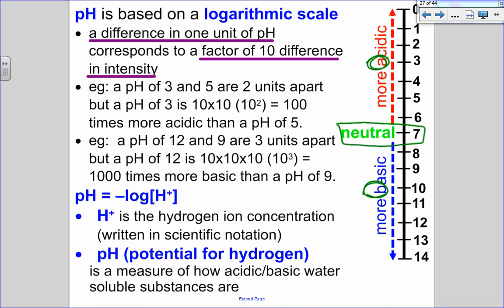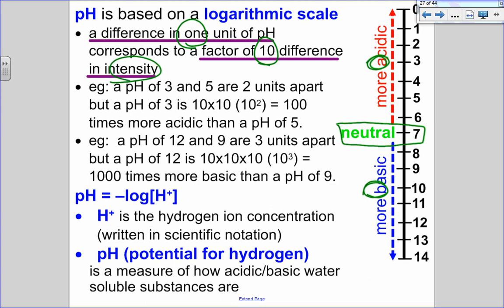So the reason that I write my scale like this is to show you that as I increase by a factor of 1, I'm going to have really a tenfold difference in intensity. So right here, a difference of 1 unit in pH corresponds to a factor of 10 difference in intensity. So let's look at this as an example.